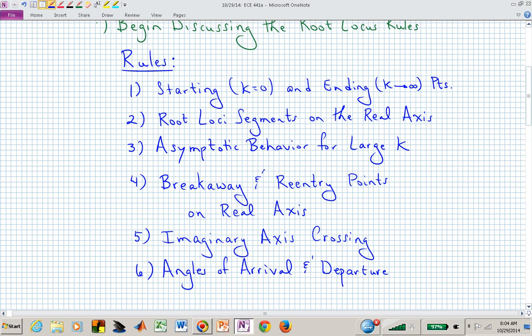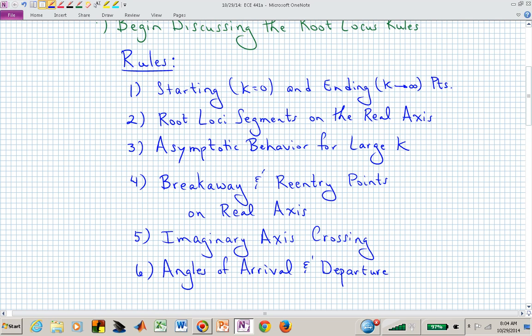We'll then figure out how to draw guidelines or asymptotes that allow us to determine where these branches are going to go eventually as we crank up the gain K to large values. We're sketching asymptotes, and we want to know, how do these branches of our root locus approach those asymptotes as K gets bigger? These will all hopefully make a little bit more sense as we go through them.